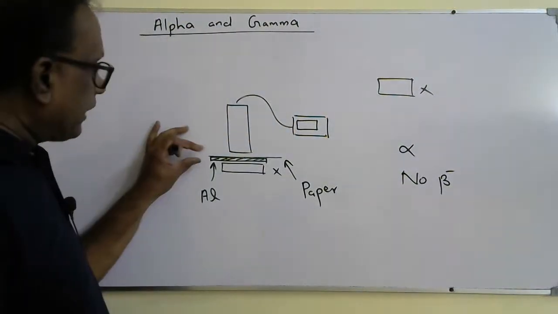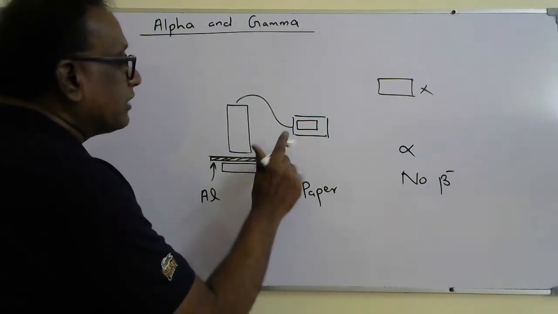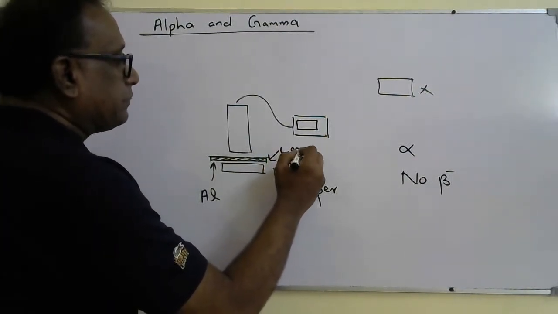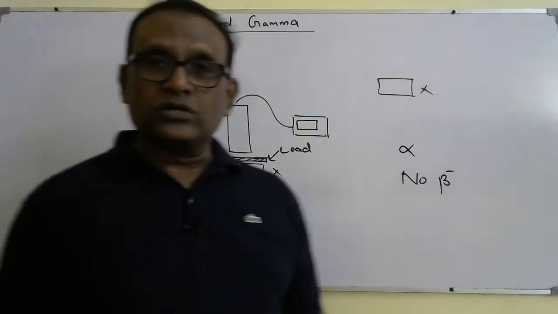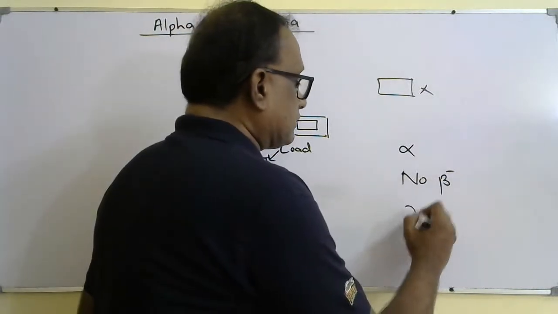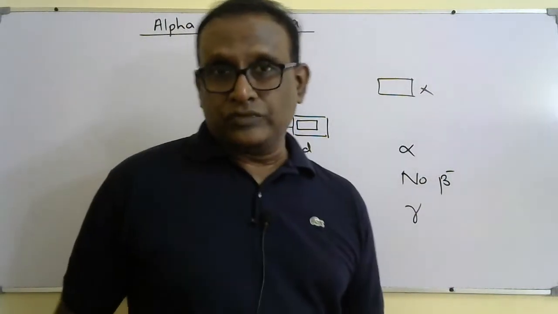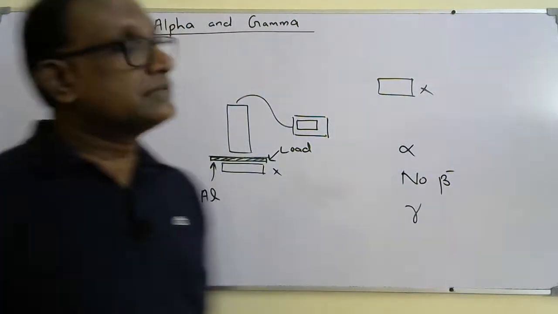To confirm it, you can remove the paper and the aluminium sheet and keep a few centimeter thickness of lead and measure the count rate. If the count rate drops to background count rate, there is gamma. So that's the way we check whether it's emitting only alpha and gamma, no beta minus.